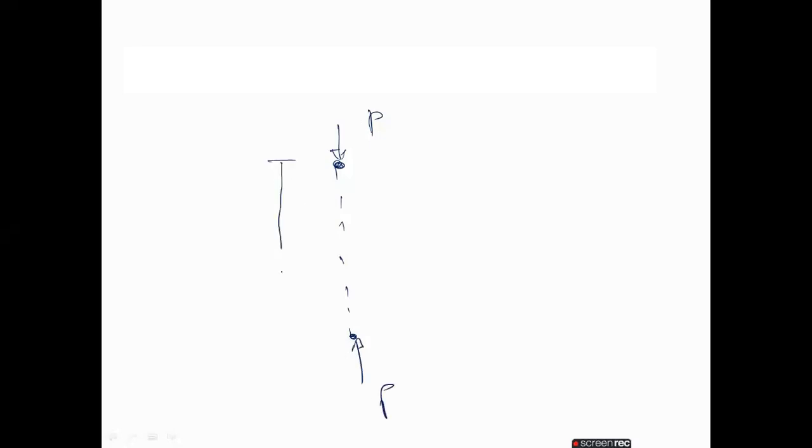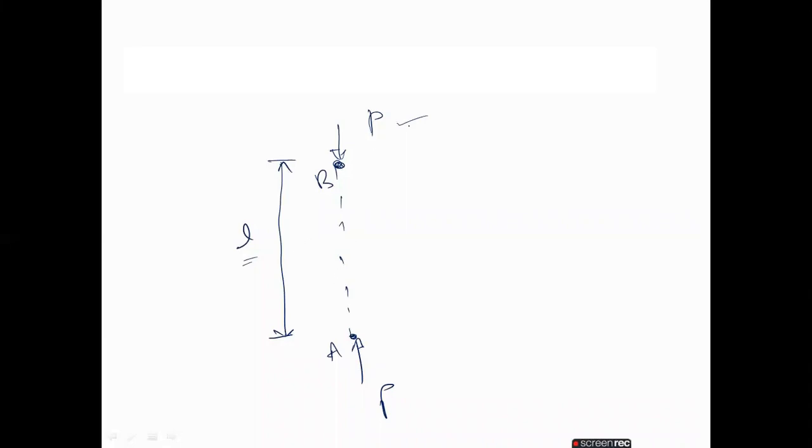The length of the column is L. The load at which the column just buckles, whenever the load acting on this one makes it buckle or bend, we call it the crippling load. Suppose this is the column AB, and the length is L, with uniform cross-sectional area, and it is hinged at both ends A and B.